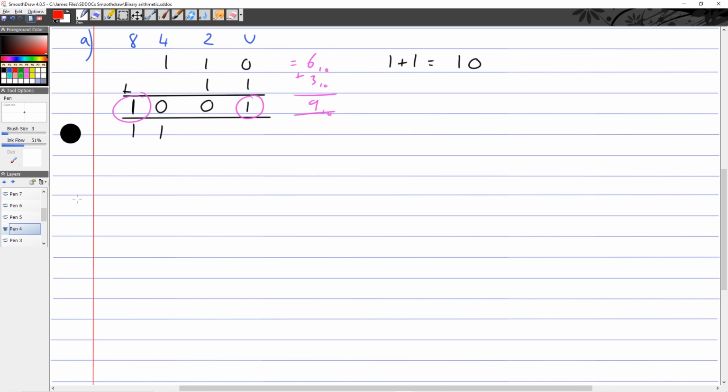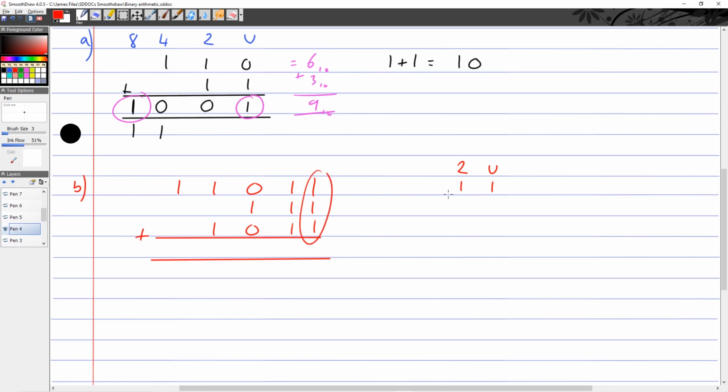I'll do another example, make it a little bit more difficult. So here we have 1 plus 1 plus 1, but remember the binary number of 3 is made up of 2 and a unit.